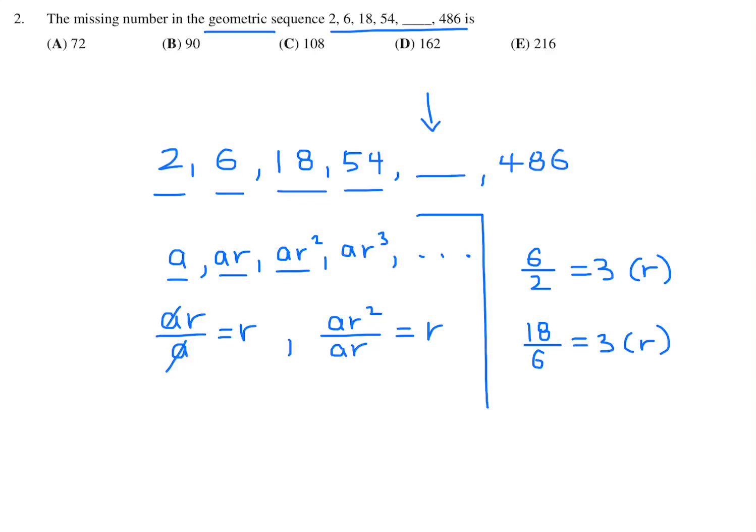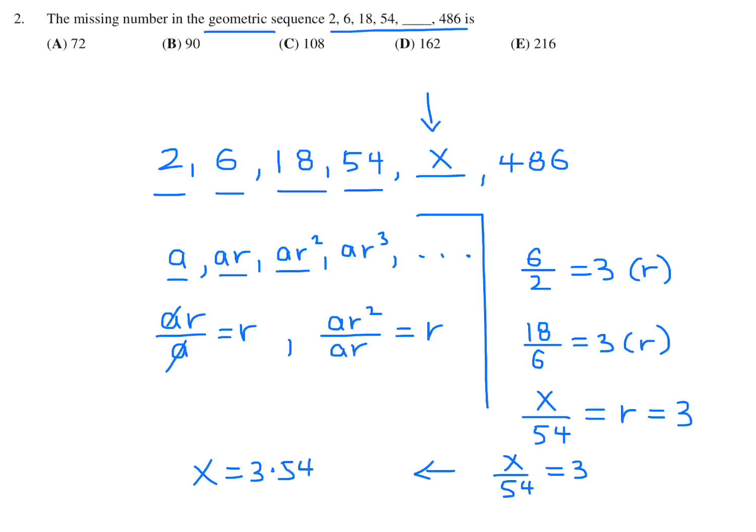I'll call that X. X over 54 would be R, which in our case is 3. That means X is equal to 3 times 54, which is 162. So the answer for number 2 is D.